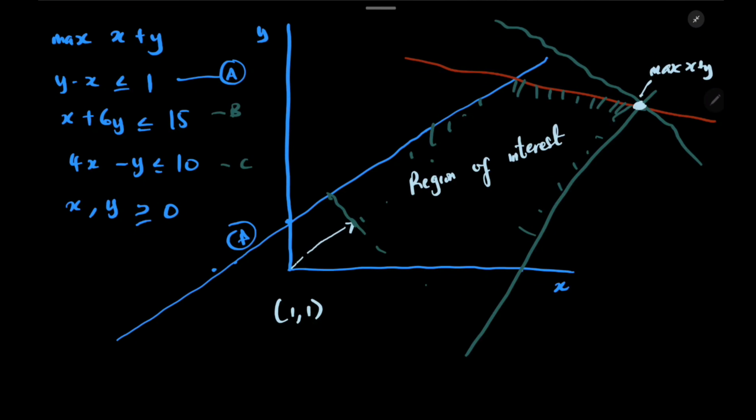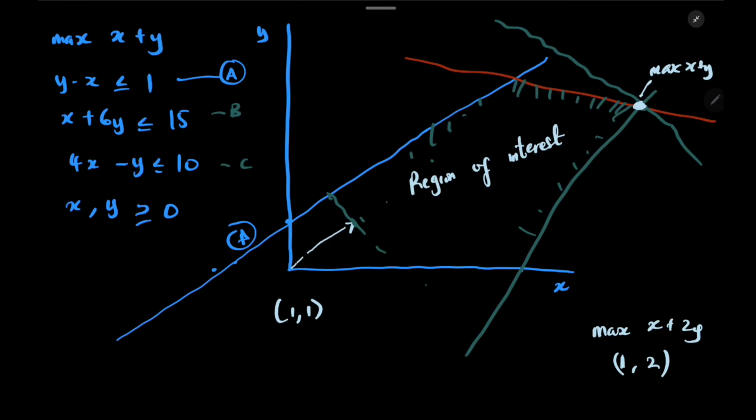Supposing our objective function was x plus 2y, it means this first line wouldn't be at the coordinates 1, 1. Graphically, this line would be at the coordinates 1, 2.